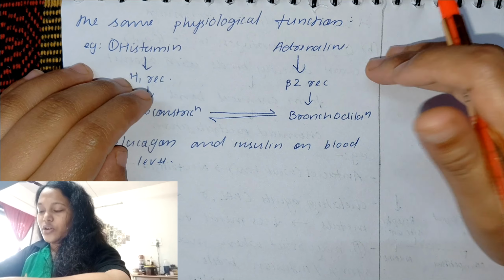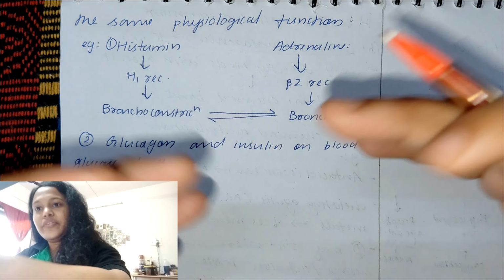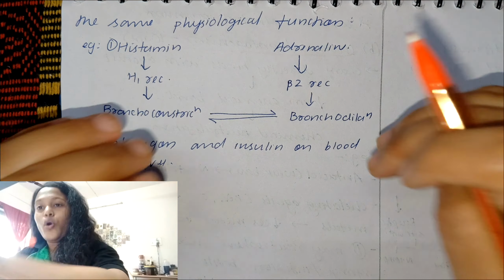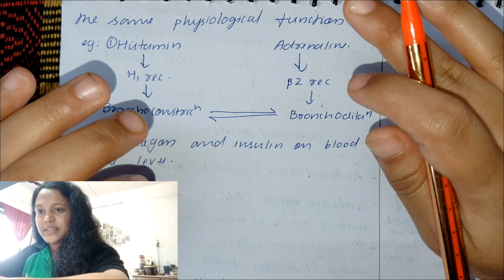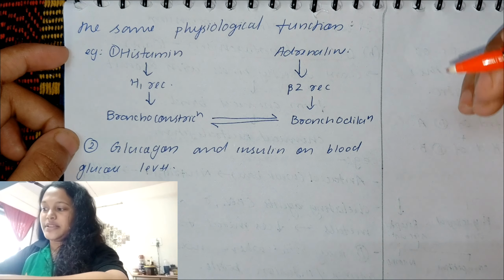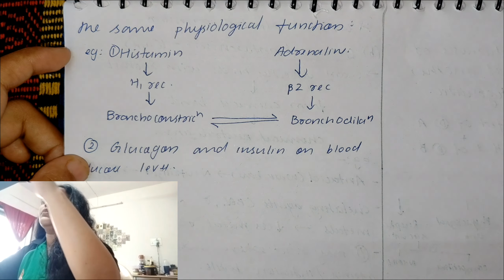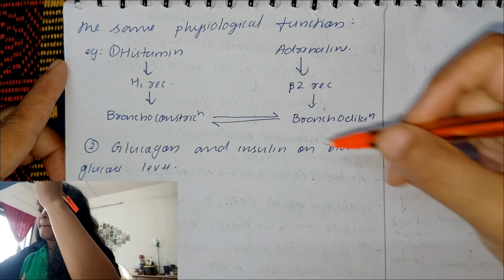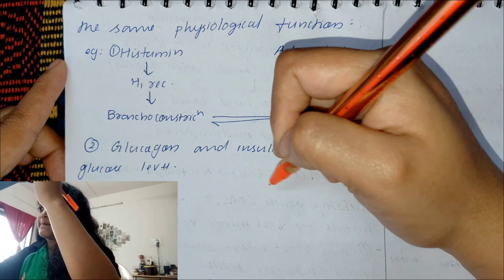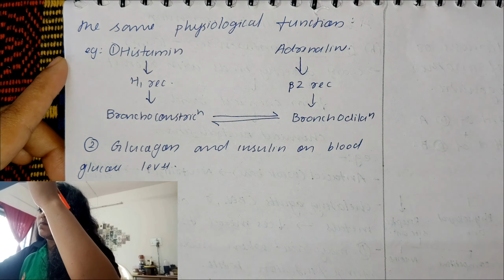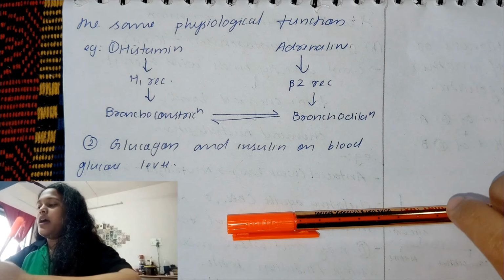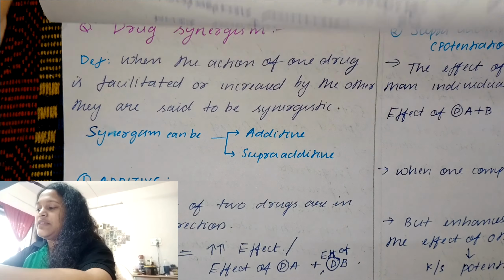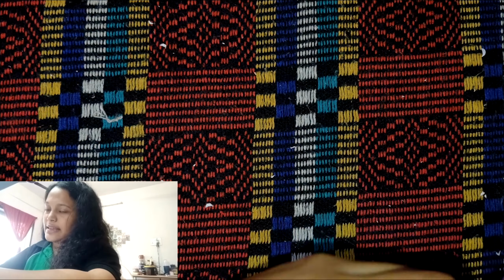Two drugs which are attaching to different receptors produce opposite effects on the same physiological function. That is what physiological antagonism is about. Glucagon and insulin and blood glucose level is also an example.